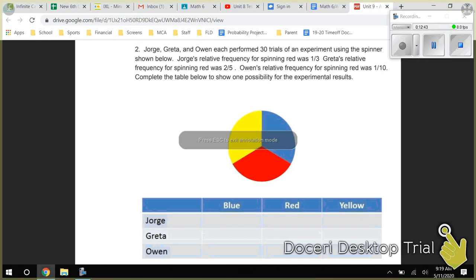Jorge's red was 1/3. All right. Greta's frequency for red was 2/5. And Owen's frequency for red was 1/10.